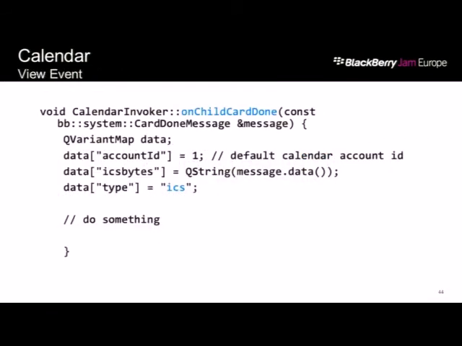It covers the UI, but it doesn't mean you have two applications running. Like Mark was saying, you have that card embedded into your application. Because I registered on the on-child-card-done signal, when the user selects the appointment from the calendar and the card disappears, my handler is called, and then I can copy the data and process it, do whatever I plan to do with it.